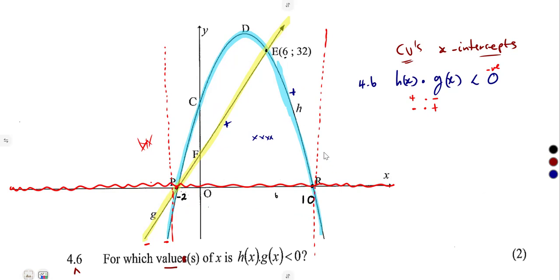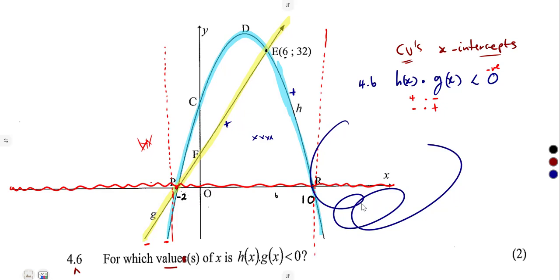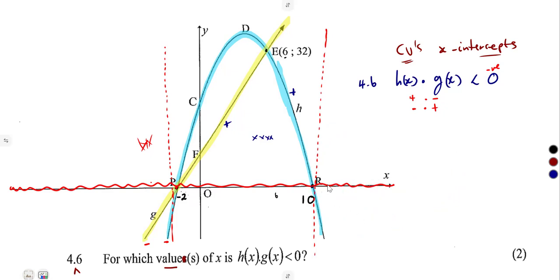So we move on to the last one. Values that are greater than 10 on the right side. You can see that on this side, our H, as we can see from this point, the arrow going down, is negative. It is below the x-axis.